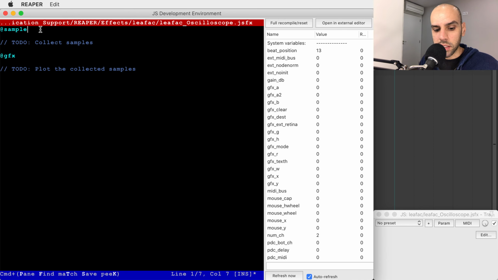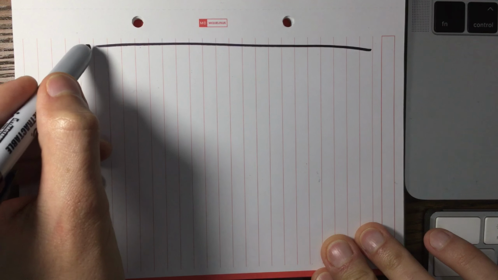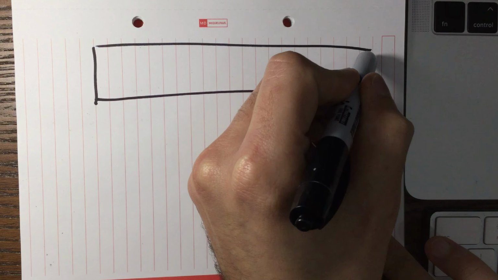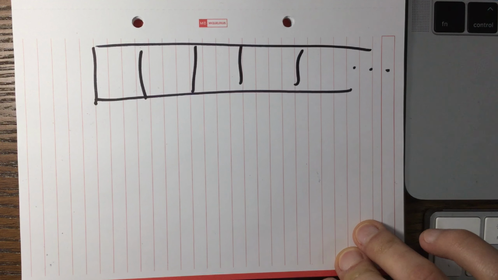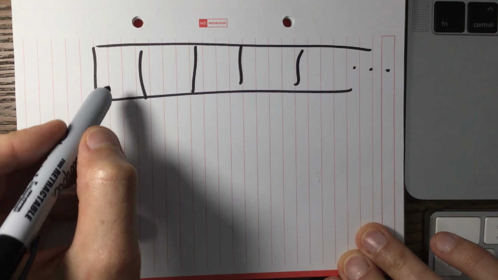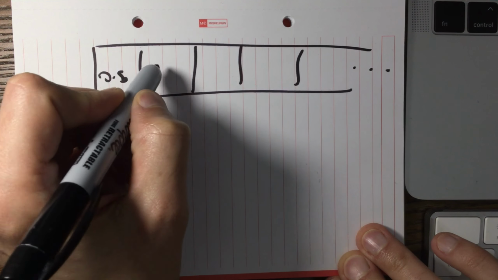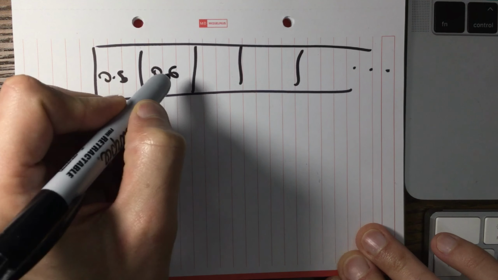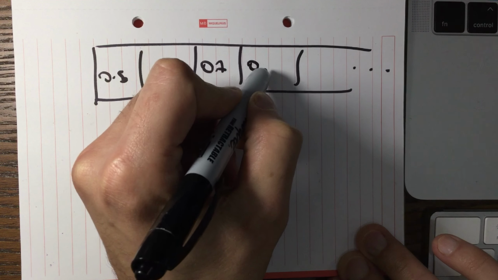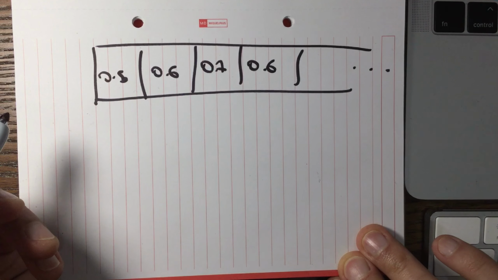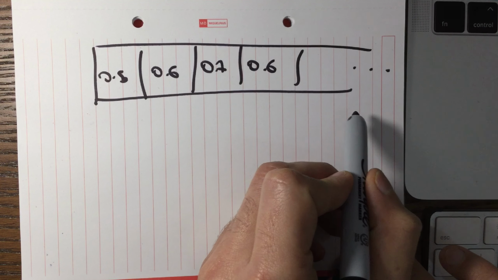So this is what it looks like. So we have that big giant array, and we are going to store samples. So maybe this sample is 0.5, this sample is 0.6, this sample is 0.7, and then this one is 0.6 again, and so on. But then we are going to eventually say, okay, I had enough.